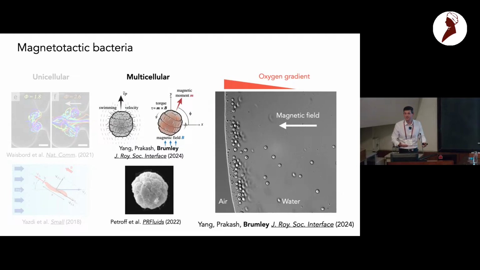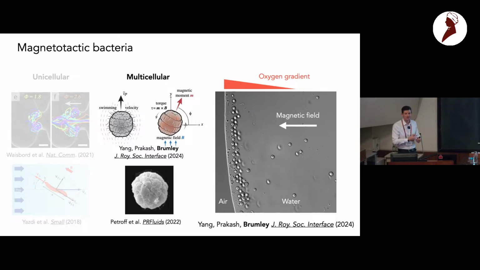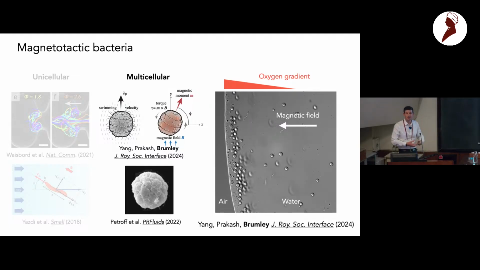And this is a very confusing situation for these bacteria that usually use the magnetic field to guide to favourable oxygen conditions, but in this case they've been tricked because when they get to the interface there's actually a higher oxygen. And they're able to temporarily override their guidance due to the physics of the magnetic field and swim in the opposite direction.